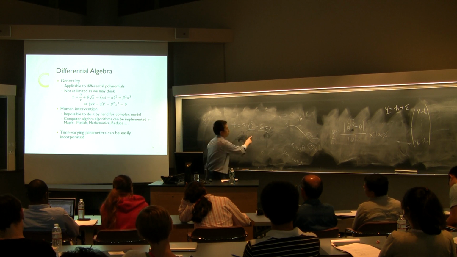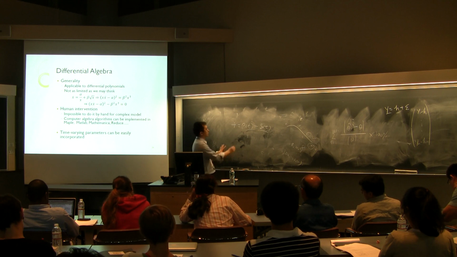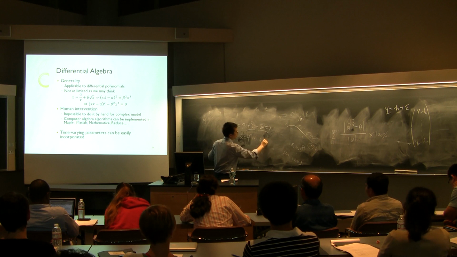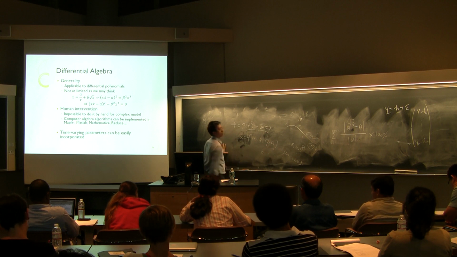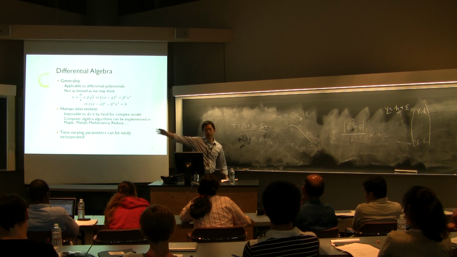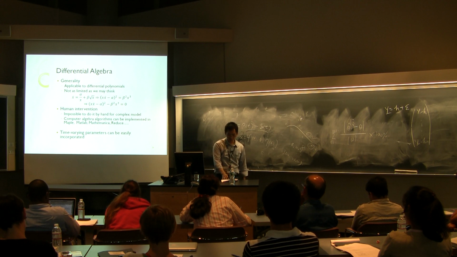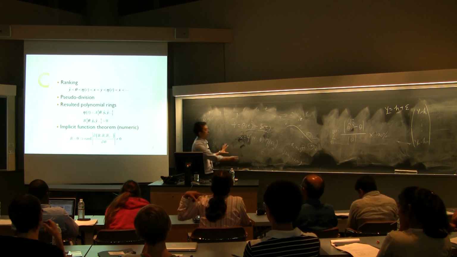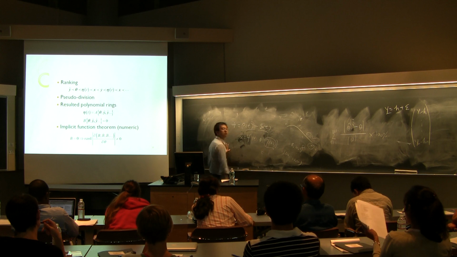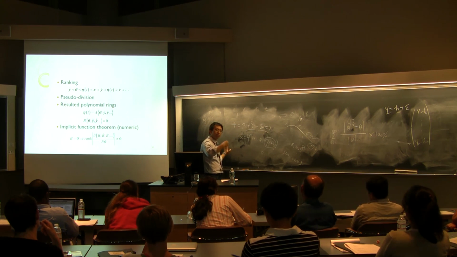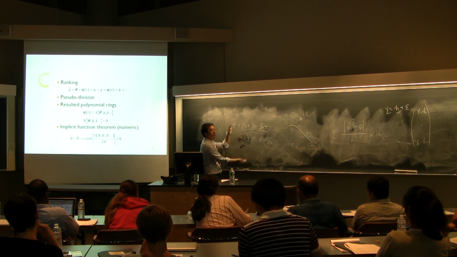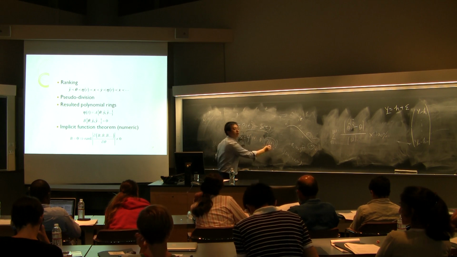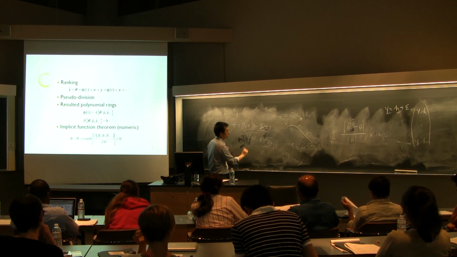To do the identifiability analysis, the basic idea is that I have x dot equals f of x, t, theta, eta of t. Although I put something called differential algebra here, it doesn't matter, that's technical terminology. The basic idea is that I want to remove this by doing some mathematical tricks, by adding different equations or subtracting two equations, I want to remove this one and only leave x and theta.